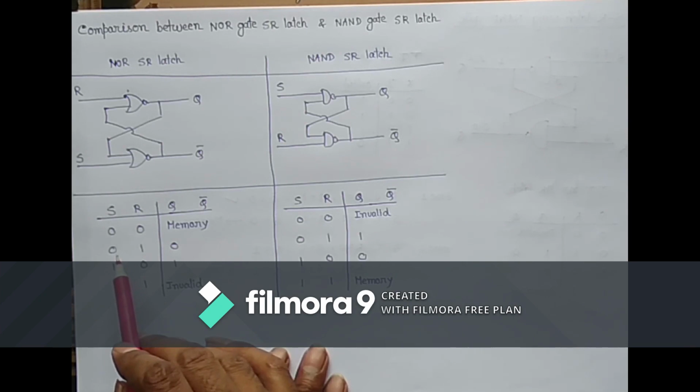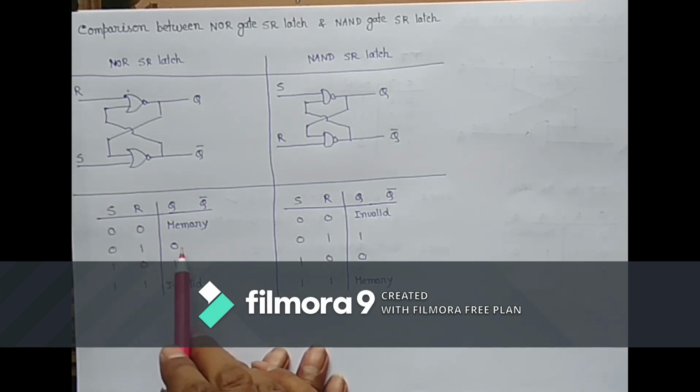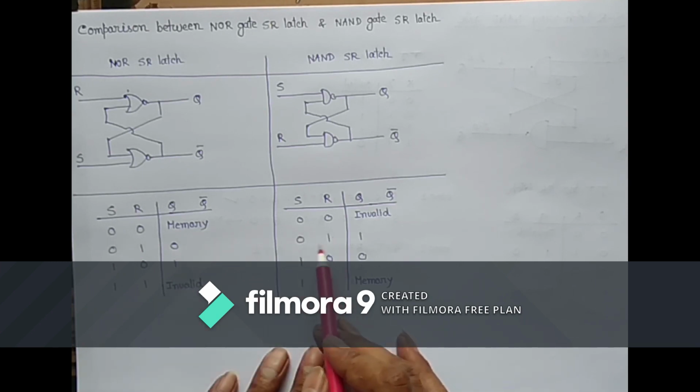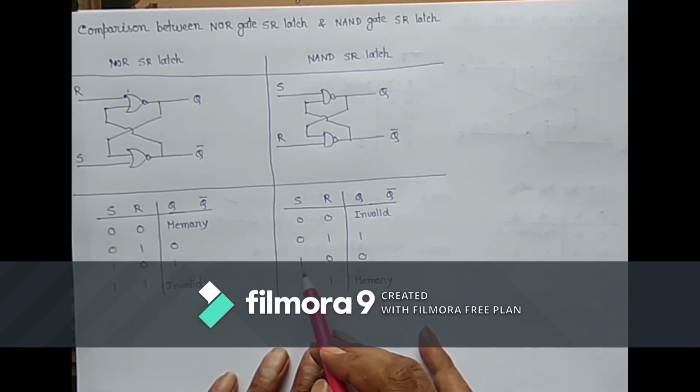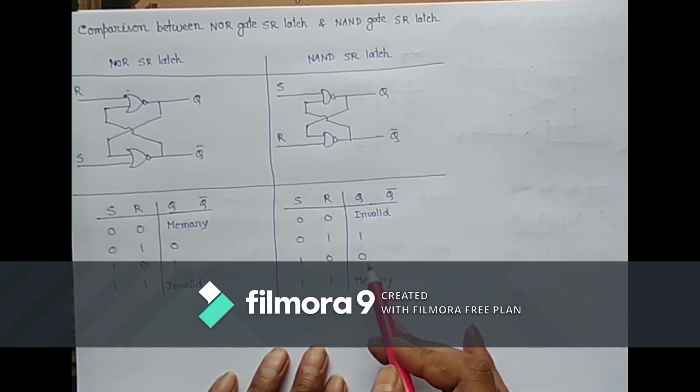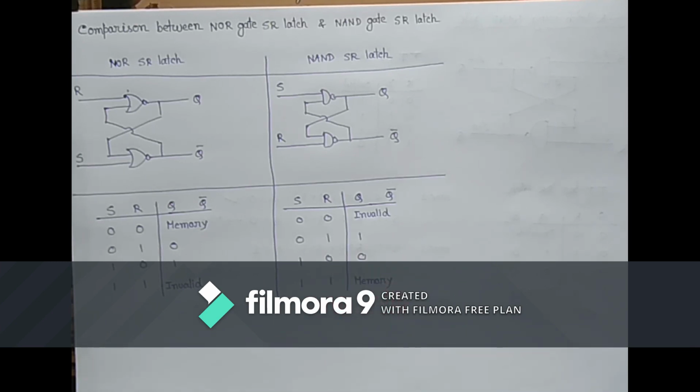For NOR gate 0 1, the output was 0 and for NAND gate 0 1 the output is 1. For 1 0 the output was 1, but here for input 1 0 the output is 0. That is the difference between NOR gate SR latch and NAND gate SR latch.